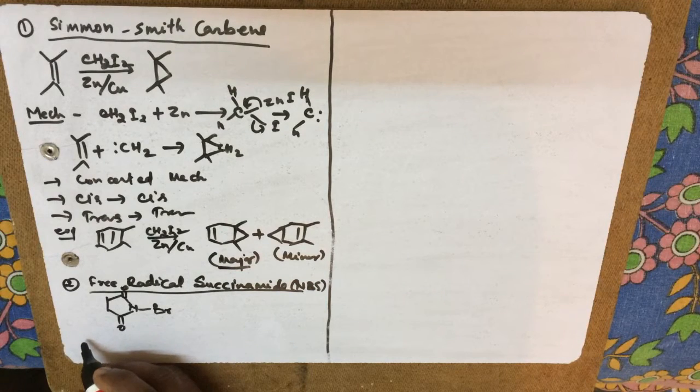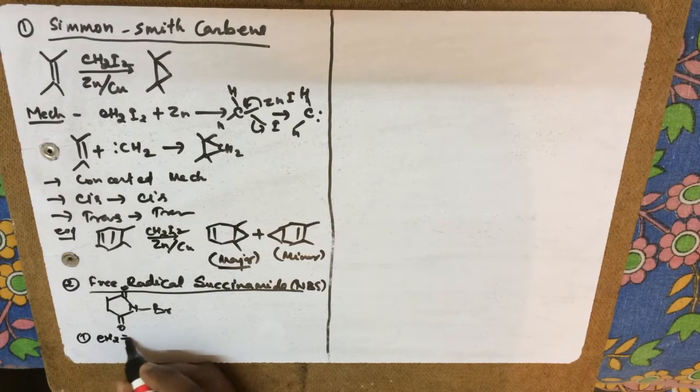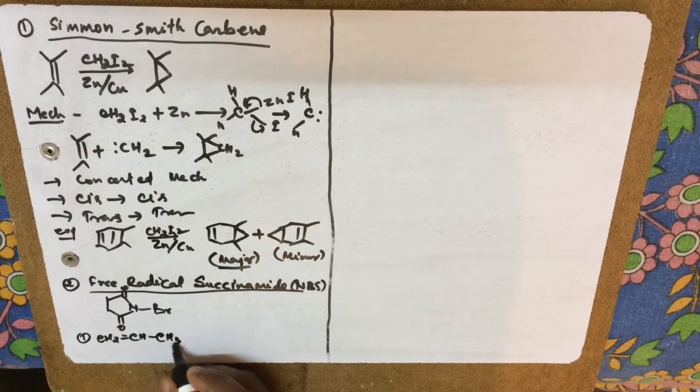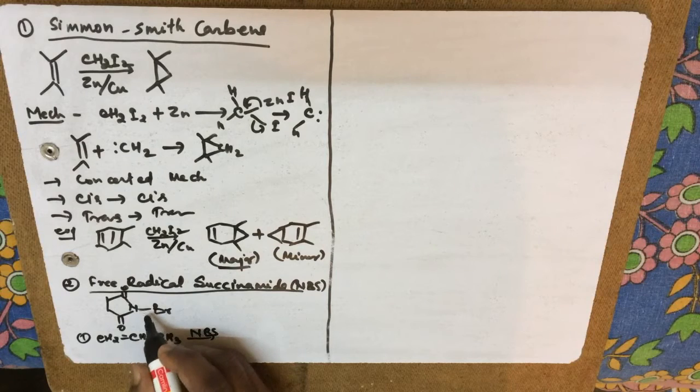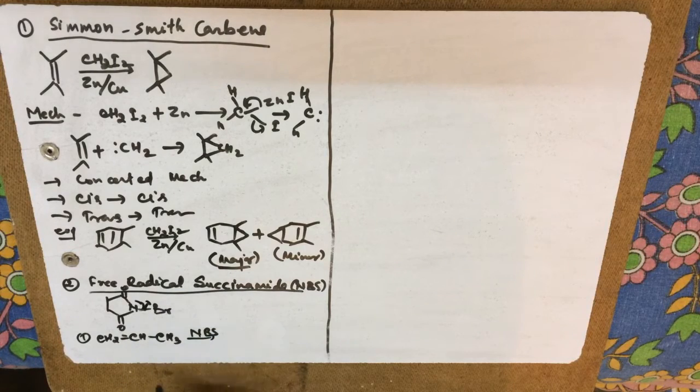Let's first see the application. If you have this molecule reacting with NBS, you only have to keep in your mind that from this NBS you have 2 radicals. So this bromine will react with this position.